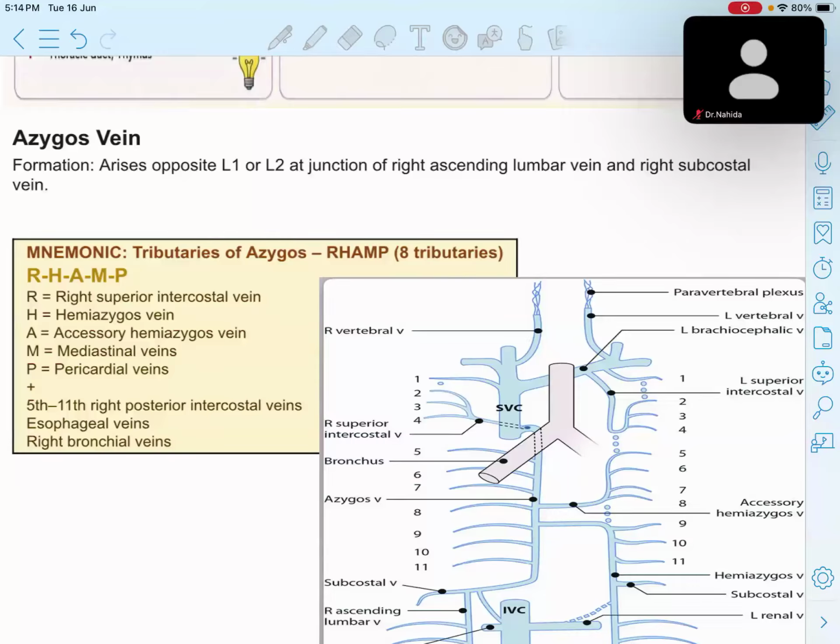There are 8 tributaries mainly: the right superior intercostal, and the 5th to 11th right posterior intercostal veins, because these are the same type. Then the hemiazygos and accessory hemiazygos will come. Then the mediastinal, pericardial, esophageal, and right bronchial veins. These 4 things: mediastinal, pericardial, esophageal, and right bronchial.